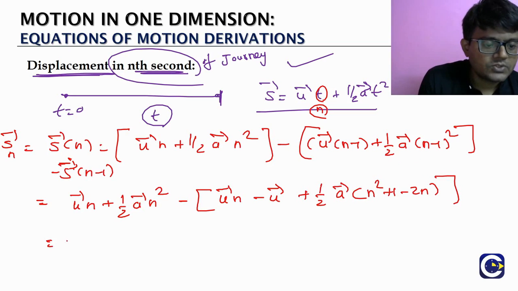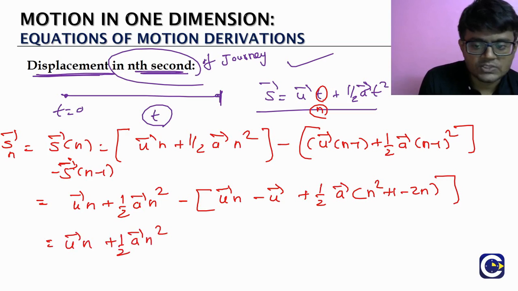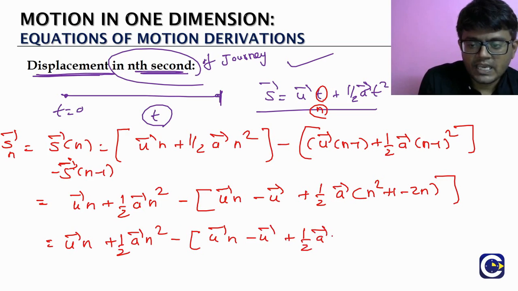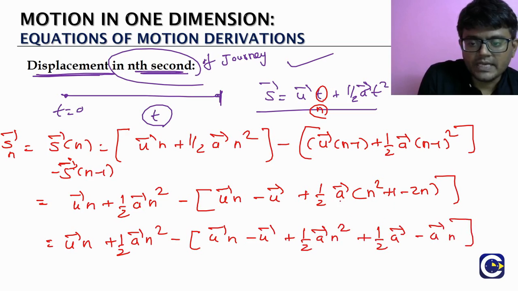So un plus half a n square, then first we'll simplify everything inside the bracket. So this is half a n square plus half a minus a into n. We are simply multiplying: half a with n square, half a with 1, half a with minus 2n.